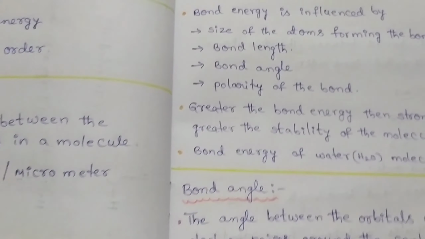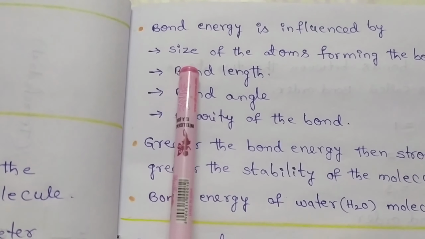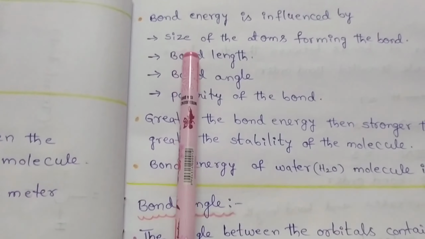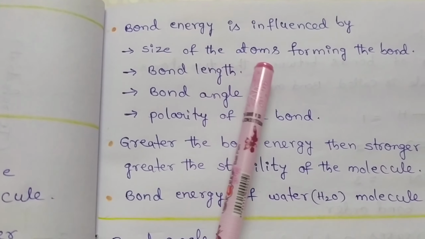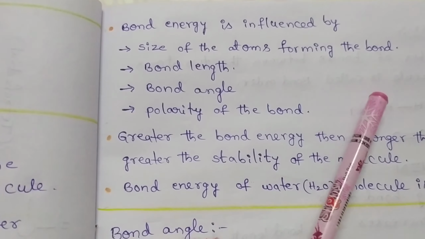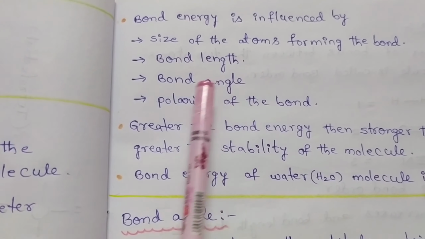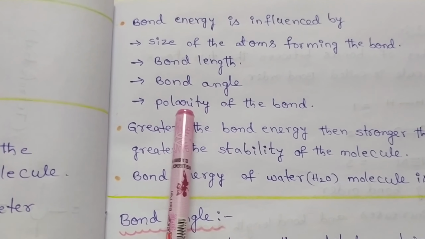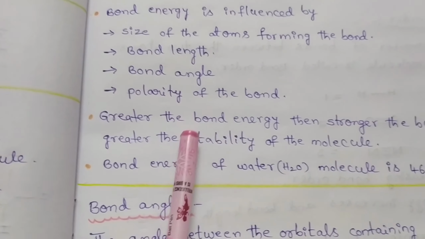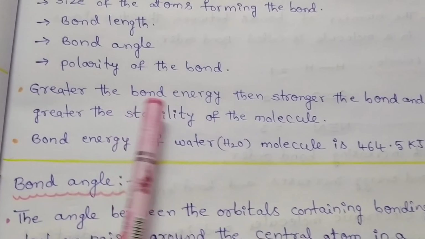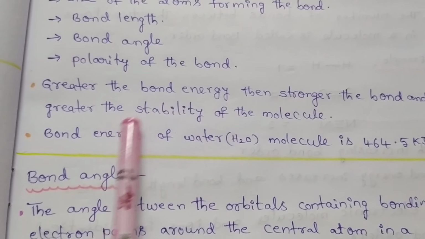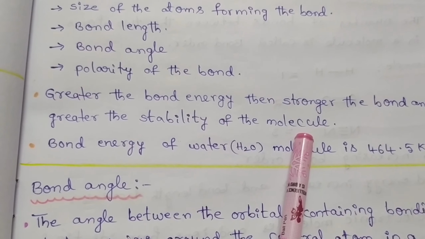The bond strength is influenced by the following conditions. They are size of the atom forming the bonds, bond length, bond angle and bond polarity. Greater the bond energy, stronger the bond and greater the stability of the molecule.